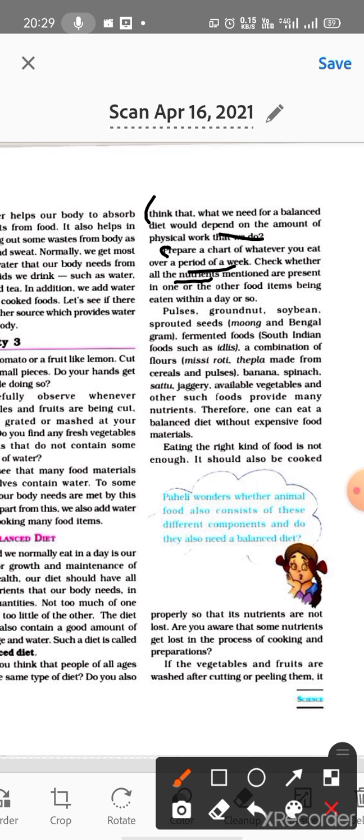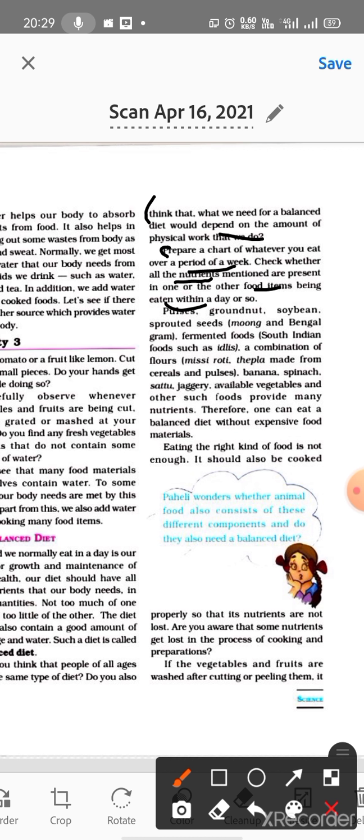Check whether all the nutrients mentioned are present in one or the other food item being eaten within a day or so. So what is given? Do people of all ages need the same type of diet? Do you also think that a balanced diet depends on the physical work that our body does?